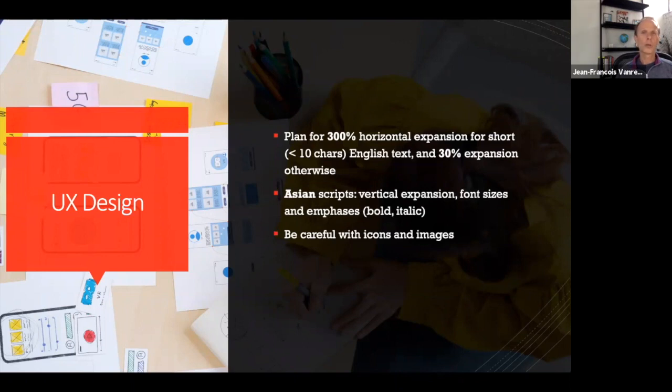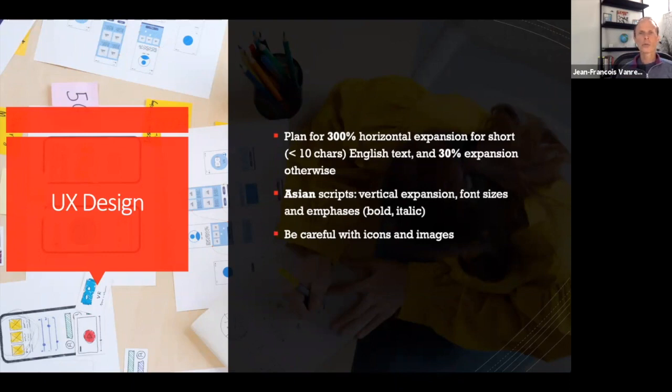Also, be aware that the expansion is not always horizontal. Asian languages are a little bit higher in terms of height, so you also need to accommodate that type of font.